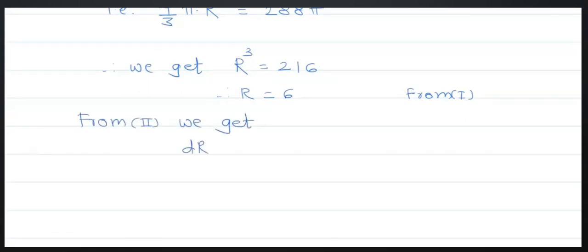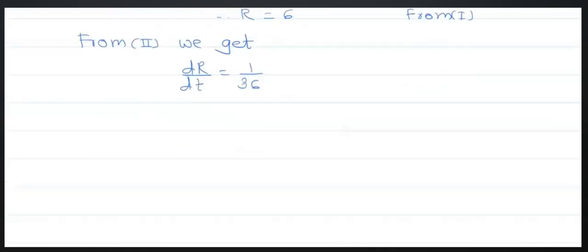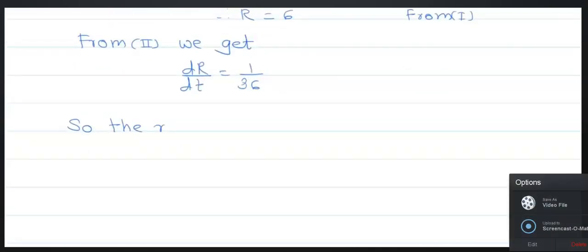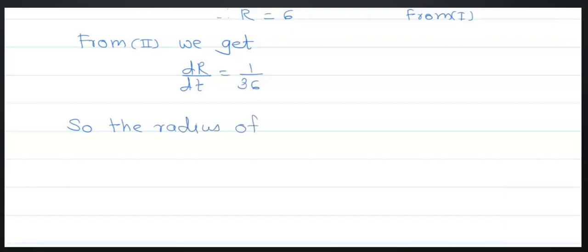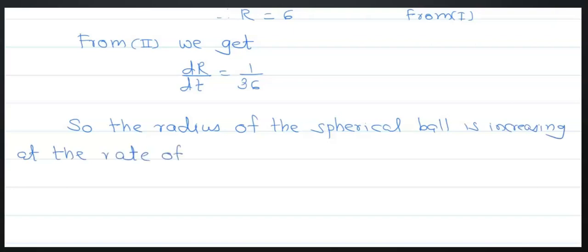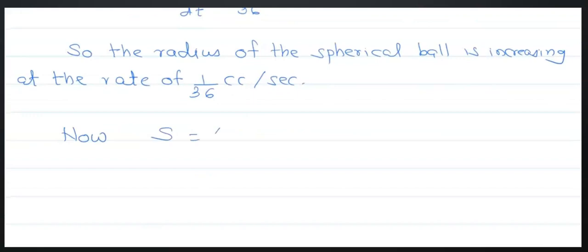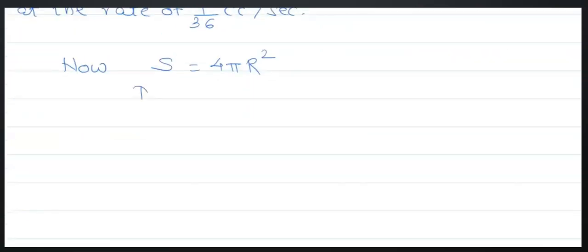Therefore, from equation 2 we get dr upon dt is equal to 1 upon 36. So the radius of the spherical ball is increasing at the rate of 1 upon 36 centimeter per second. Double C is added there by mistake.